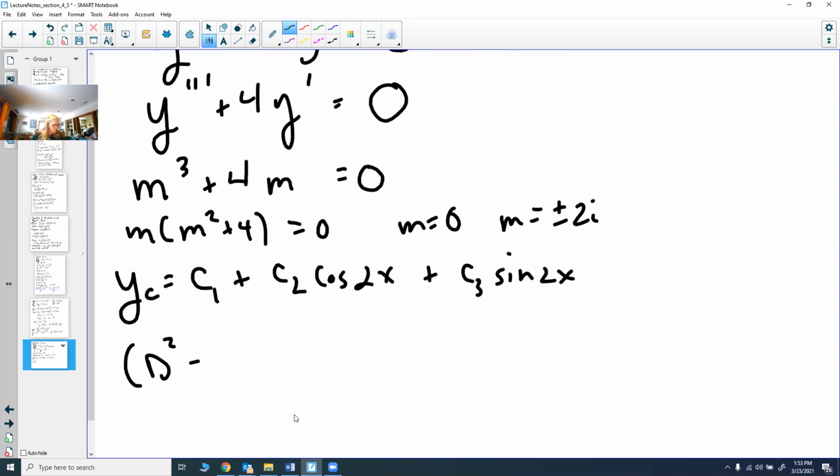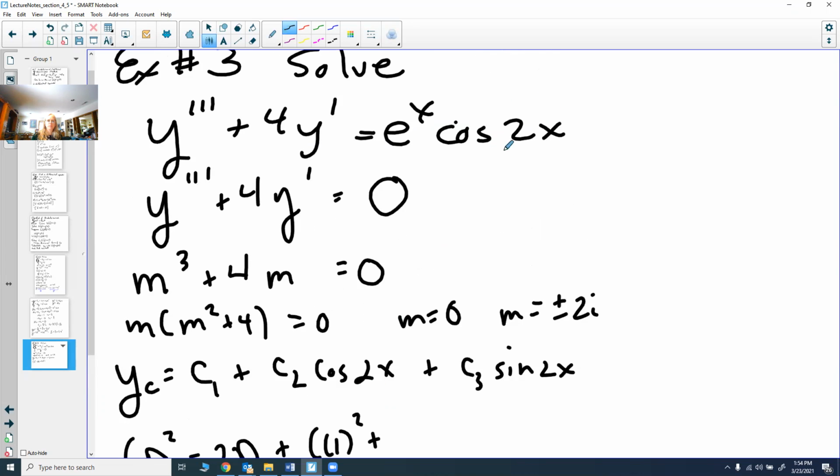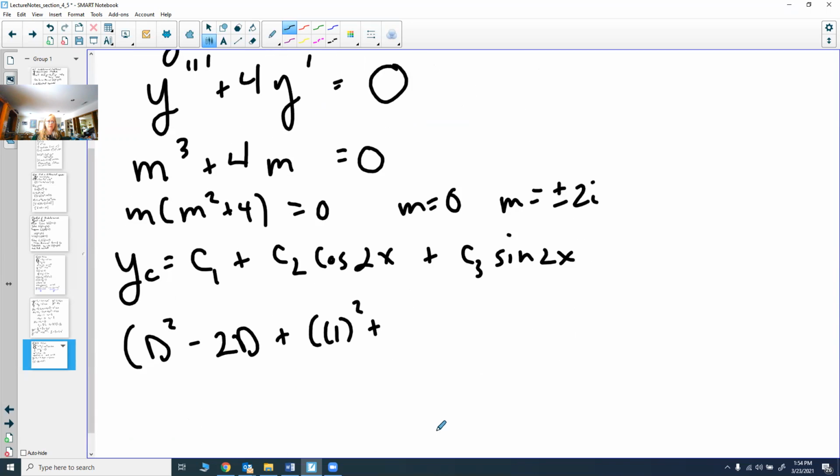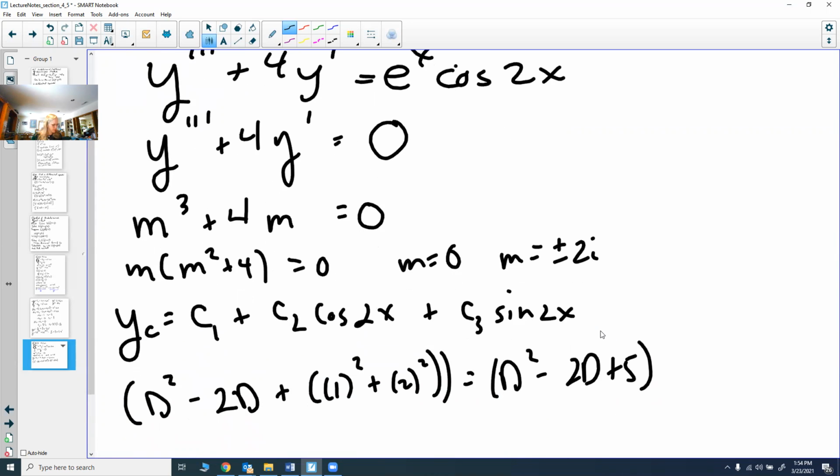So minus 2 times that 1 times D, plus my alpha squared, plus my beta squared, and beta is whatever's inside the cosine. So it's cosine of 2x, so that would be 2 squared. So that is D squared minus 2D plus 5. That annihilates my e to the x cosine of 2x.